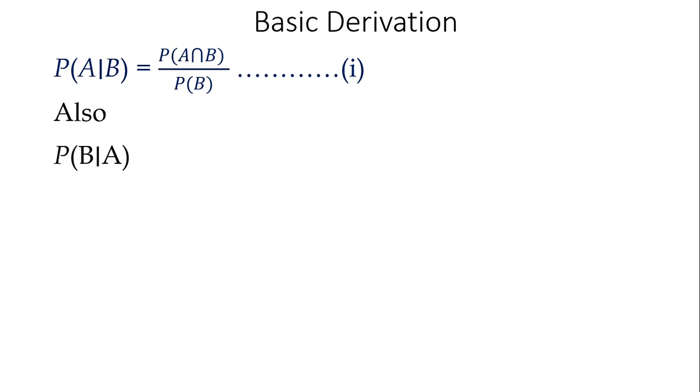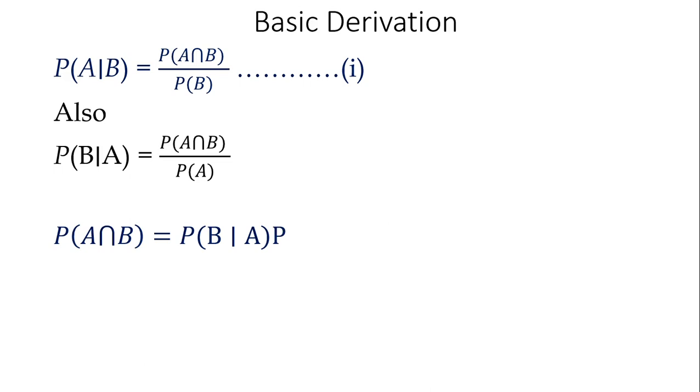So probability of B given A is also probability of A intersection B over probability of A, because this is the probability of B given that event A has occurred. So we divide that by probability of A. And if that is true, then we can make A intersection B the subject from this equation of B given A. And so probability of A intersection B is equal to probability of B given A times probability of A. So we have two equations, and we can substitute equation 2 in equation 1.